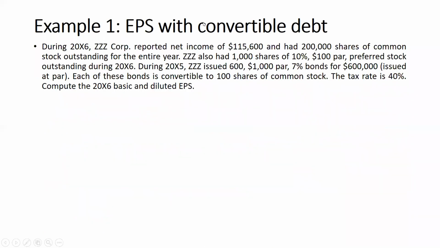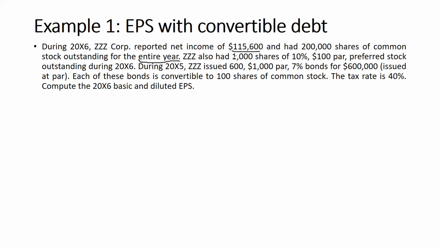So example 1, EPS with a convertible debt. During 2006, Triple Z Corporation reported net income of $115,600 and had 200,000 shares of common stock for the entire year.